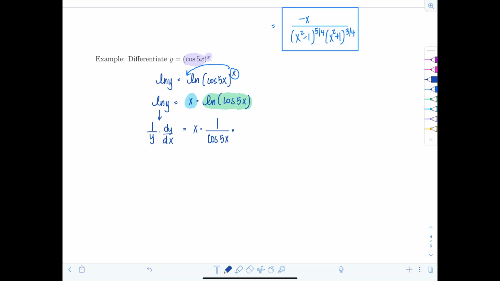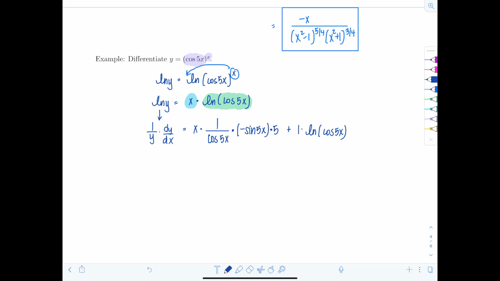Now chain rule time, take the derivative of cosine 5x. That's going to be negative sine 5x. Chain rule one more time because it wasn't plain old x, so times 5. Okay, that's only half the product rule. Plus, now let's take the derivative of x, 1. And then I leave the other function alone. He already had his turn. ln of cosine 5x.